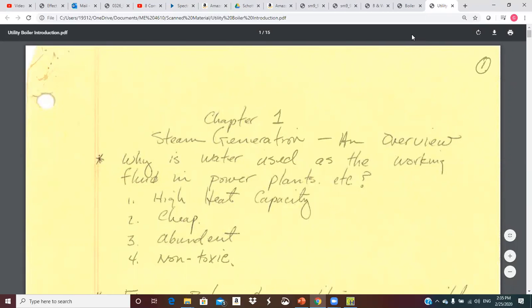See if you can find anything that has a greater specific heat than water, that's cheap, that changes phase, and all the stuff. Pretty darn good. You have to pay something for it, but compare it to oil or something. Pretty cheap. So it's high heat capacity, cheap, abundant, and non-toxic. And you can probably come up with some other characteristics. So water is pretty ideal.